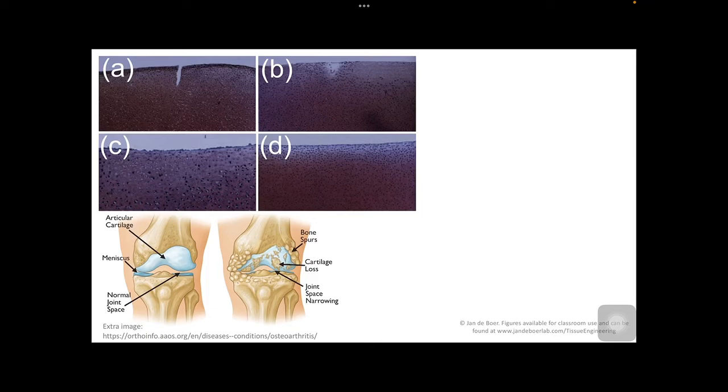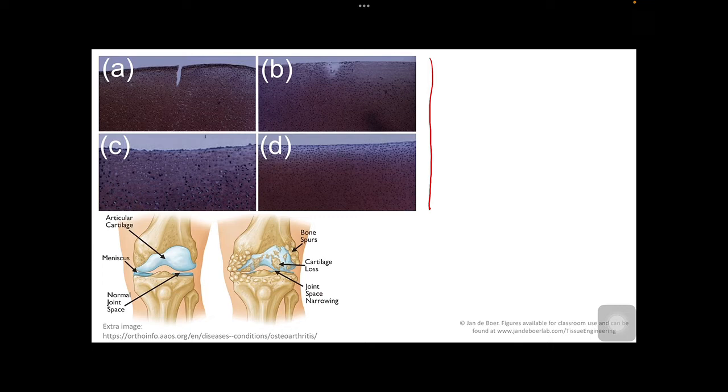Now we're going to change gears a little bit and talk about cartilage lesions and their development, how they happen. Specifically, this example is your figure 16.5 of your book, and it shows that the early regeneration of cartilage is quite high.